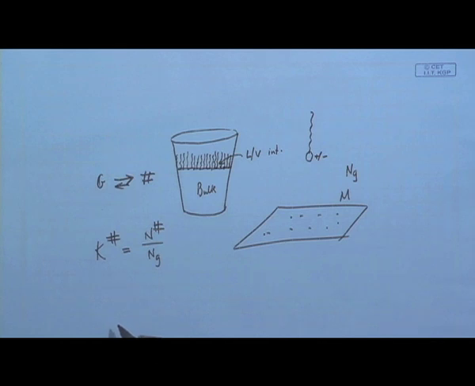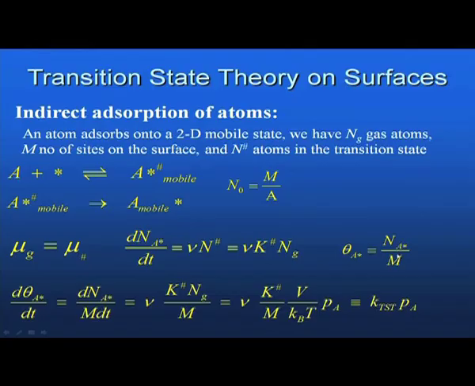So, therefore, d n A star dt is equal to nu k double dagger n g, and also the fractional coverage due to A star is n A star divided by the total number of m sites, that is sites available for adsorption. So, this is your theta A star.